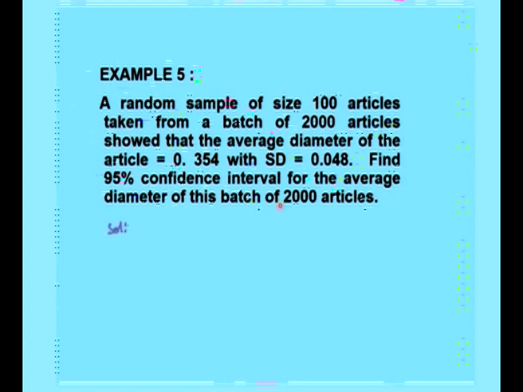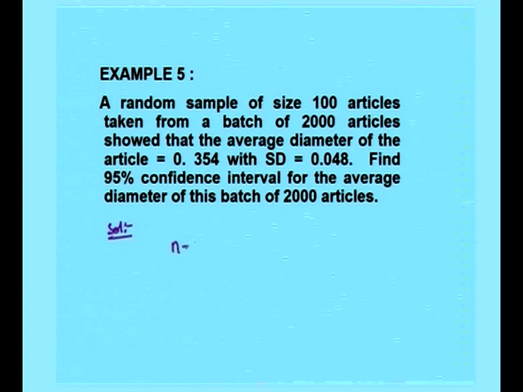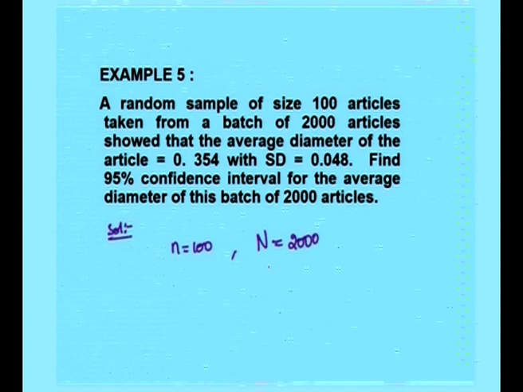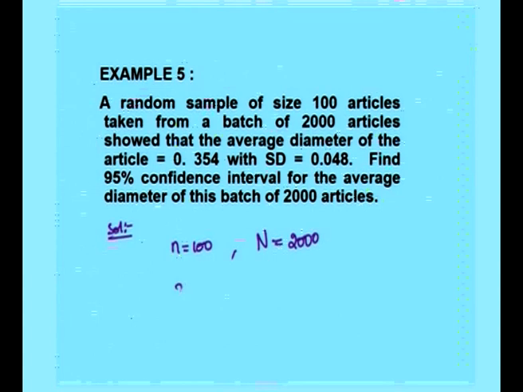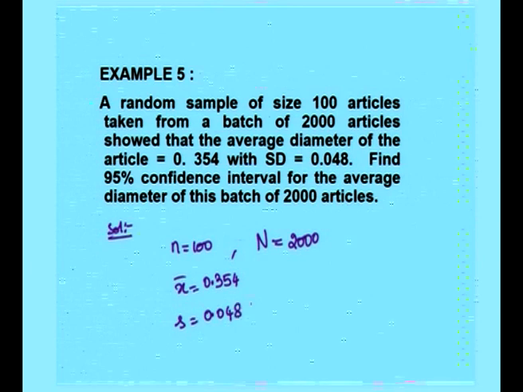How does that go? Here the sample size is 100, but the population size is 2000. So, population size is represented with a capital N, and x bar is equal to 0.354 and S is equal to 0.048. When the population value is not available, you have to use the sample standard deviation value.